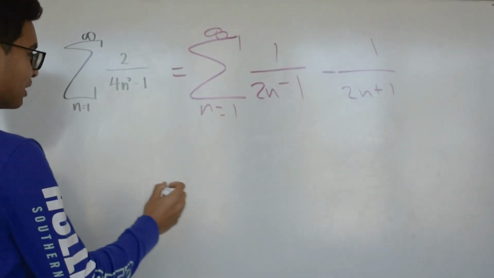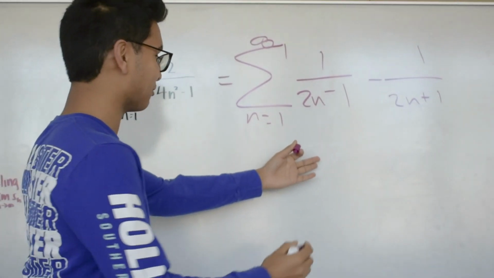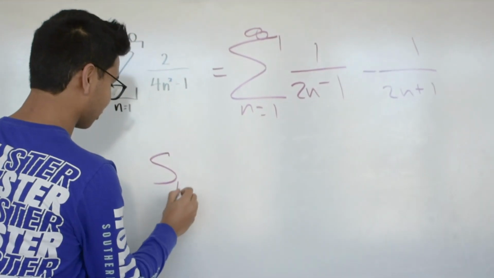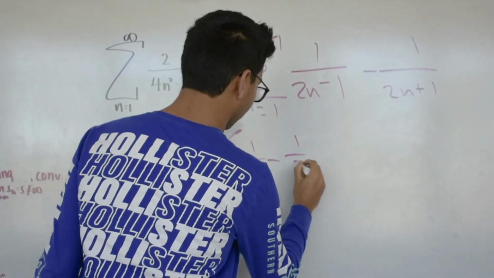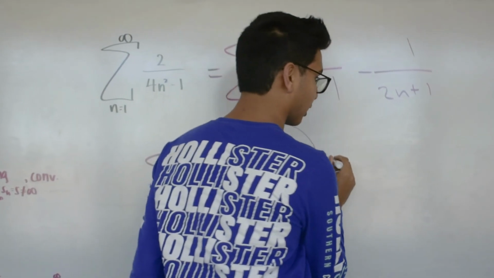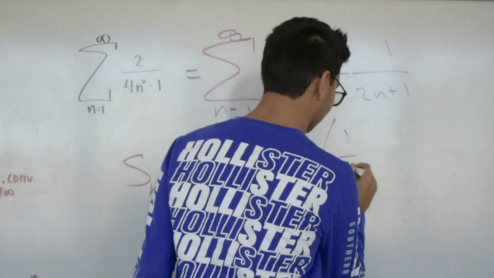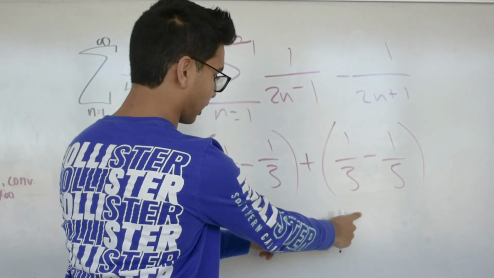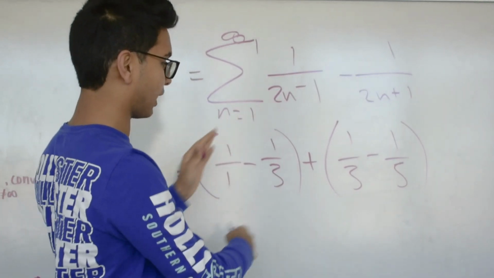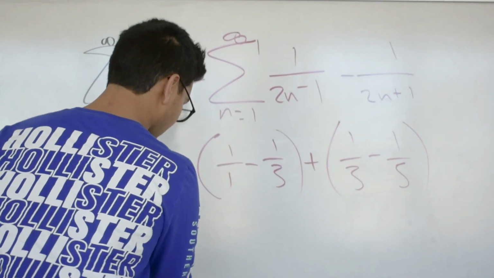Okay, fine. This summation gives you the partial sum of 1 over 1 minus 1 over 3. Then you get 1 over 3 minus 1 over 5. And you can see that these terms will cancel out, right? And since it's a pattern, it'll continue for infinity.